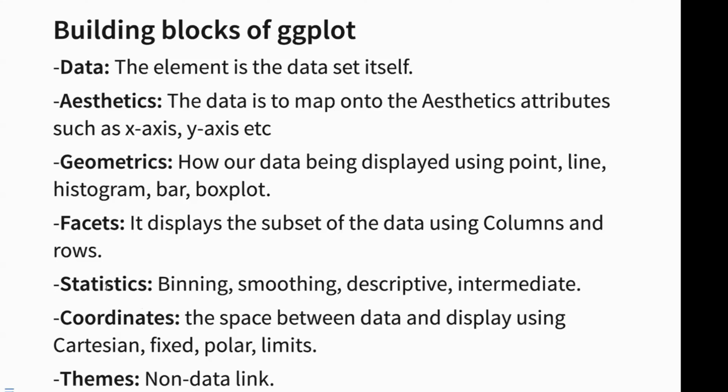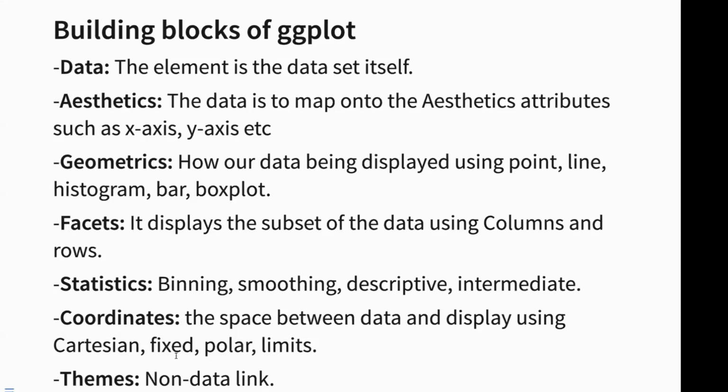Another building block is what we call the statistics. If you have used data points, maybe a scatter plot, you may need to do some kind of smoothing or fitting to that data. That comes into what we call statistics, okay? Things like binning, that is for histograms or bar charts, and etc. Then we'll also have coordinates.